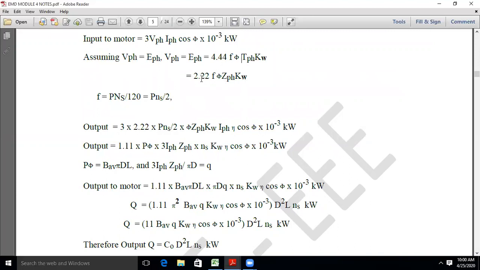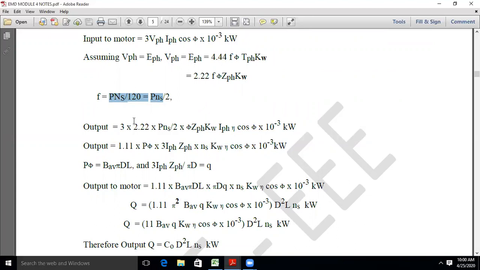Finally we got this as V phase. Now we know that f is equal to P ns divided by 120, or it is P small ns divided by 2. We put this in place of f. Then the output equation: we know that the output is input into efficiency.